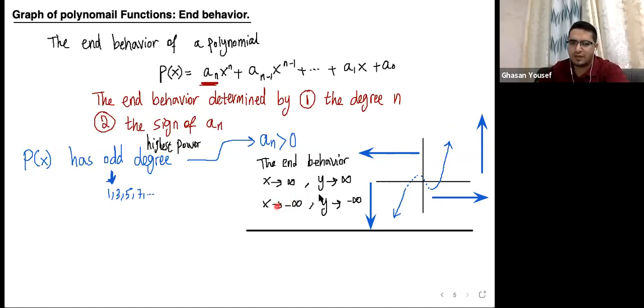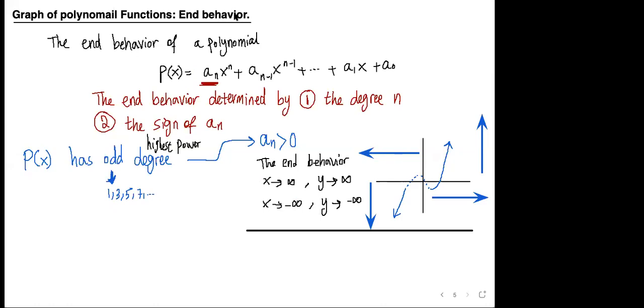And the same when x goes to minus infinity, on this side, the y value goes to minus infinity, goes down. Goes down means y goes to minus infinity, large negative numbers like -1, -2, -3, -4, -5 toward minus infinity. Okay? I hope it's clear now. Okay, thank you.